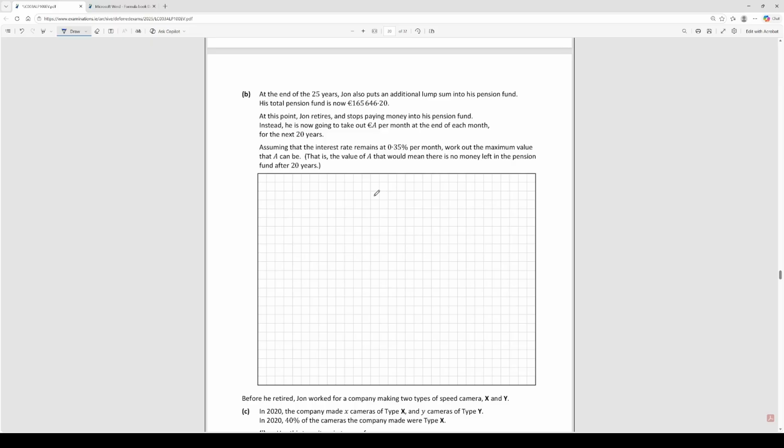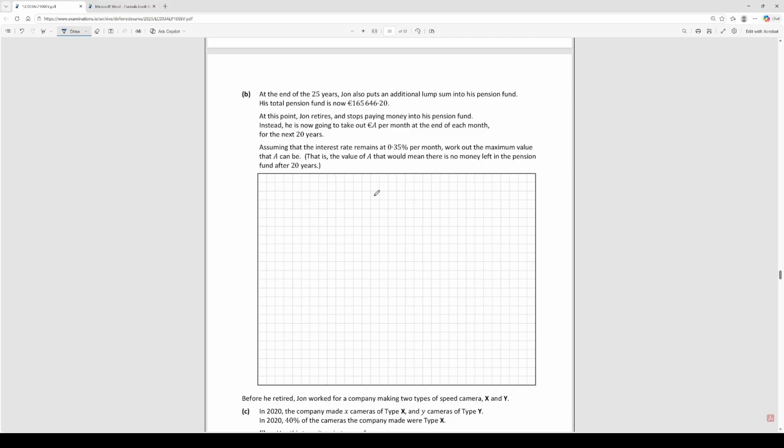Now, they didn't specify here. They said at the end of each month. They didn't specify whether he's taking money out on the day that he retires. It could be seen as ambiguous, I would argue, but based on the blunt wording of it where they say the end of each month, I'm going to assume he's not taking money out the day he retires.